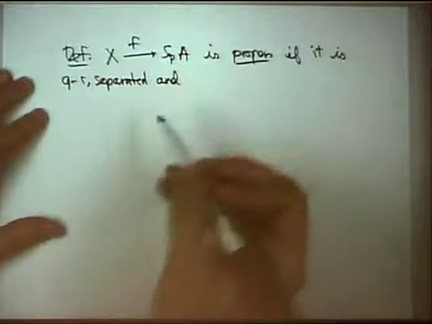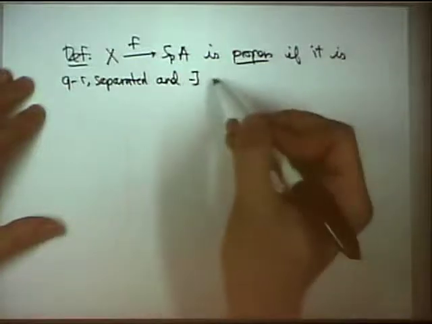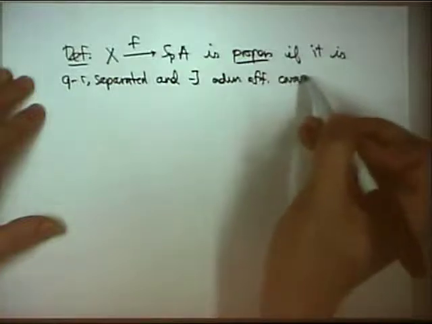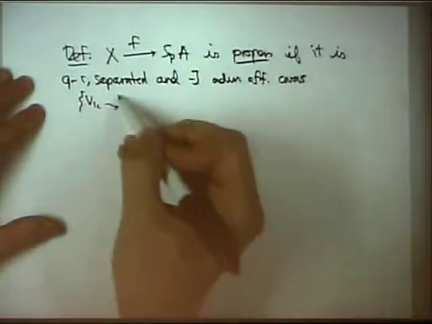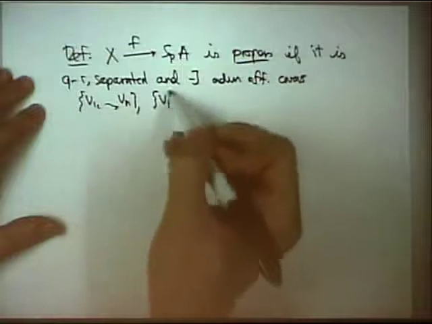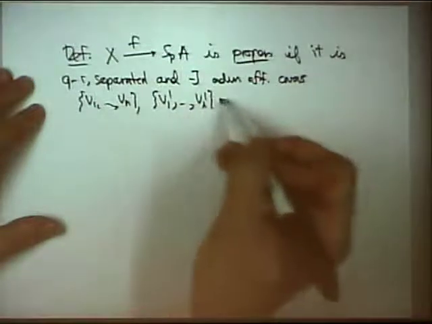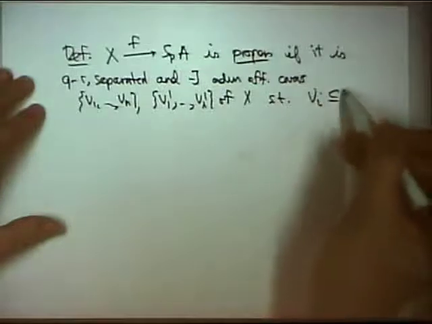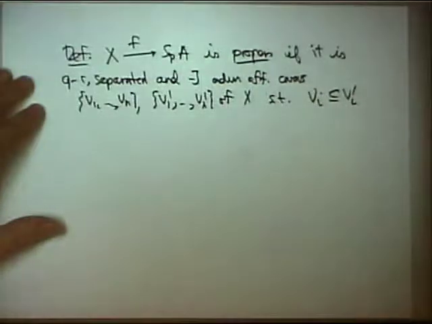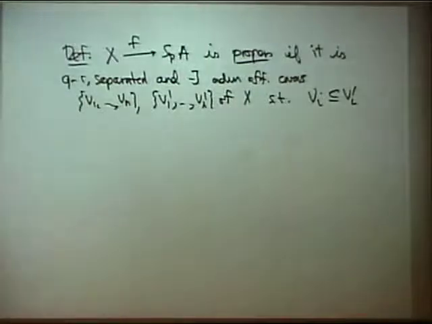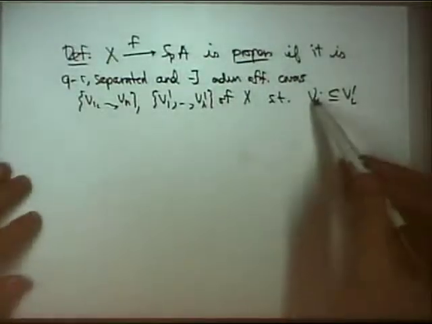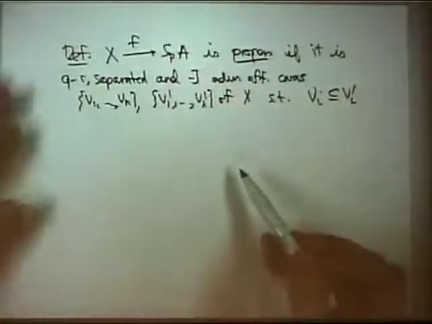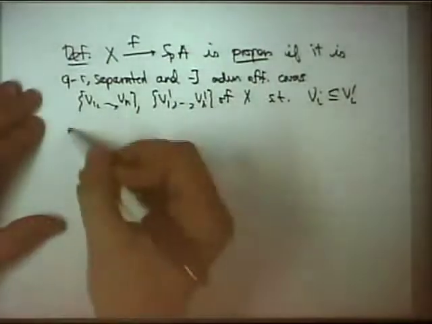And what I want is that there is a pair of admissible affinoid covers, V1 through Vn and V1 prime through Vn prime of X, such that the ith one of this is contained in the ith one of that. So there's one covering and then a larger covering. But I want this, in some sense, to sit in the interior of this, to stay away from the boundary with respect to A in the following sense.